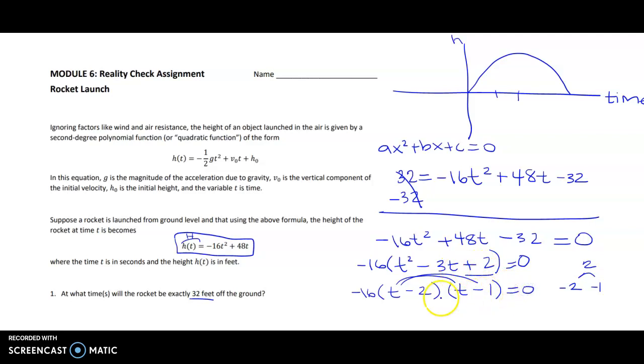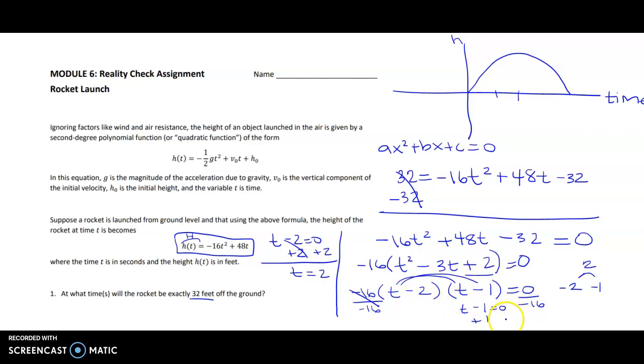Last step, we need to set each of these equal to 0. Negative 16, we can just divide out. There's no t with it, so it just cancels out here. Then we'll have t minus 2 equals 0. We solve that, so we get t equals 2. Similarly, t minus 1 equals 0.